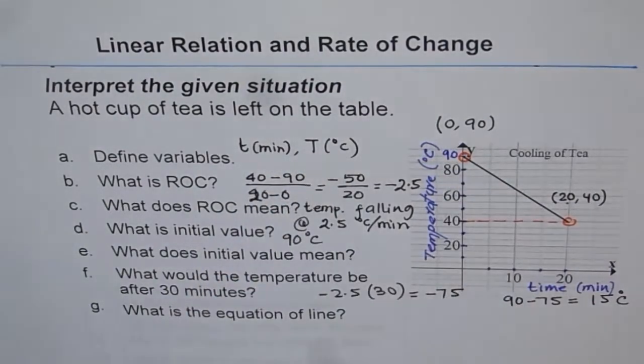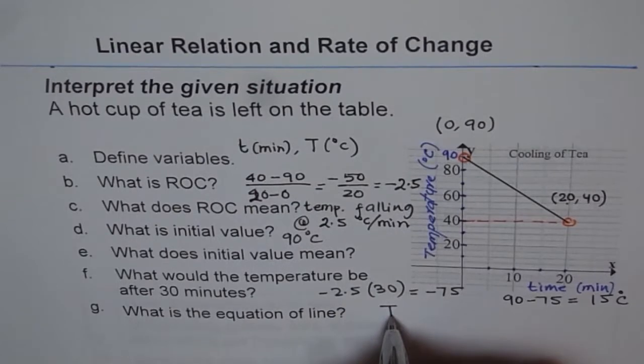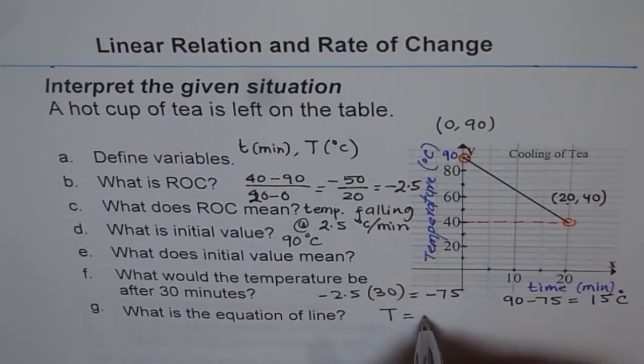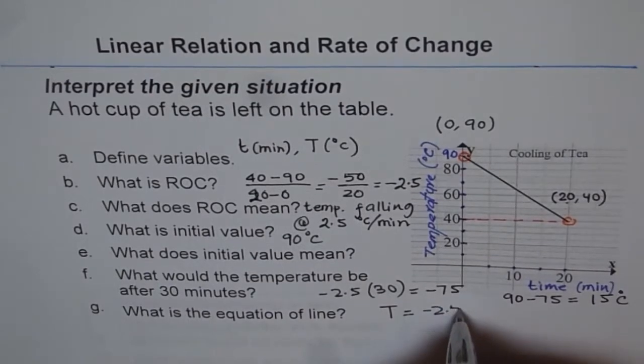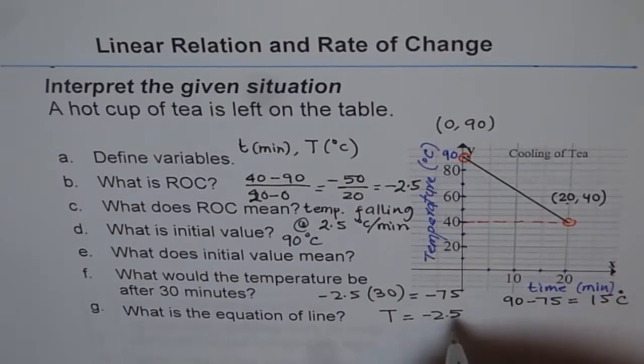If I define these as my variables, in that case, temperature is dependent on time, and my equation should be temperature equals, what is the rate of change? Minus 2.5, and the variable is t along horizontal axis, right?